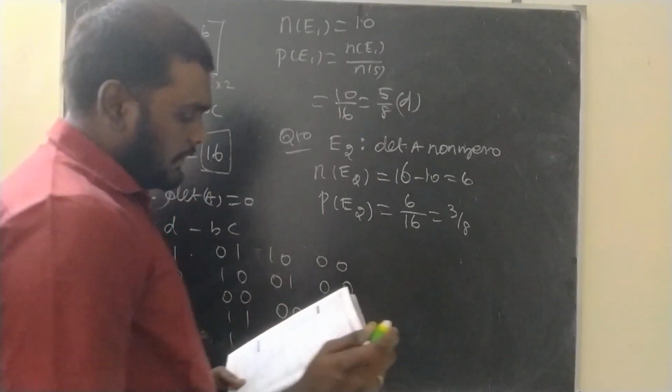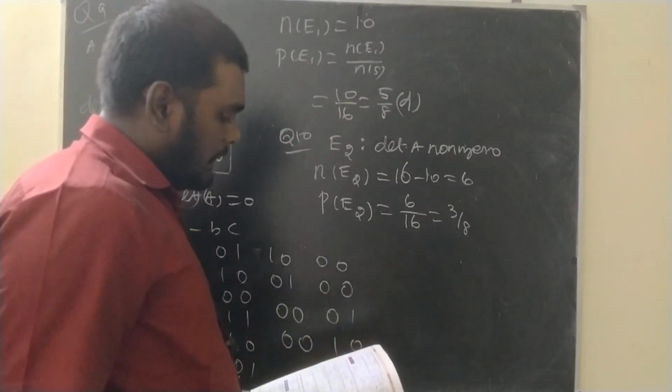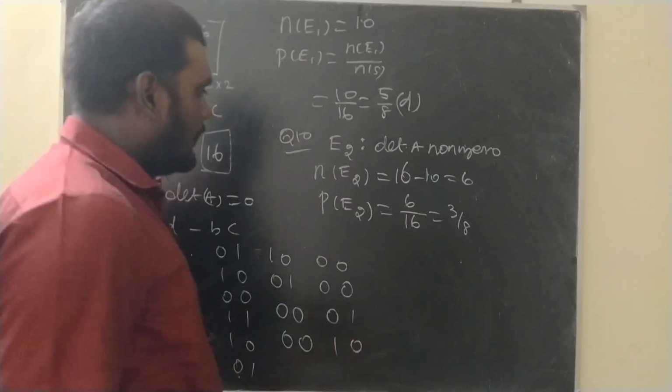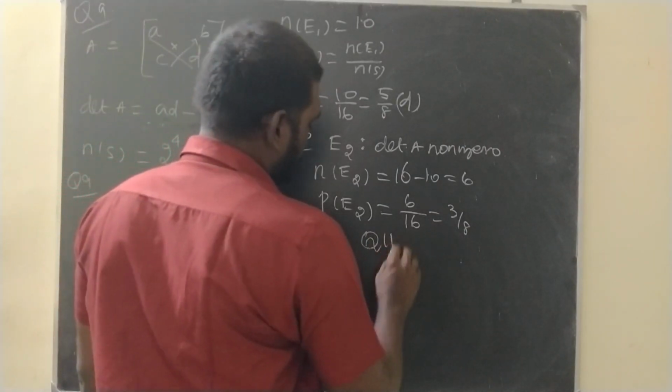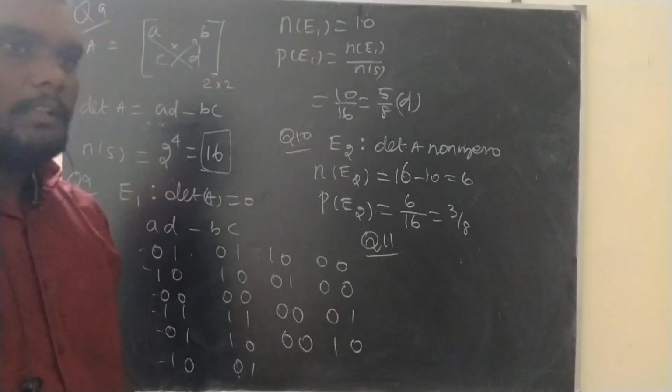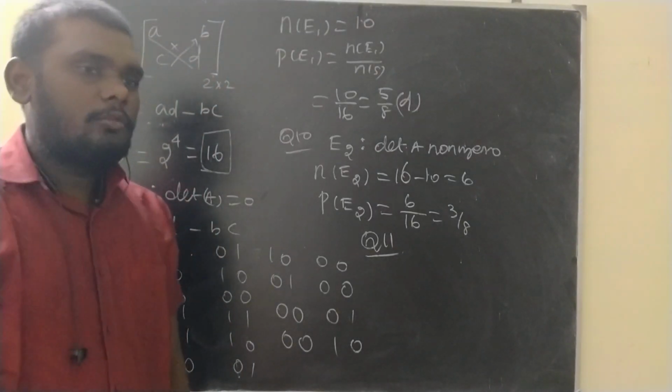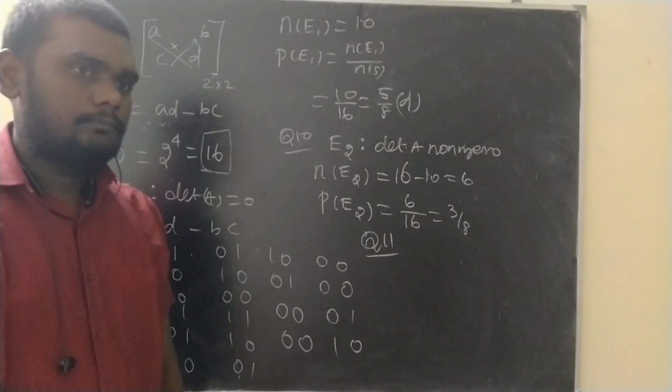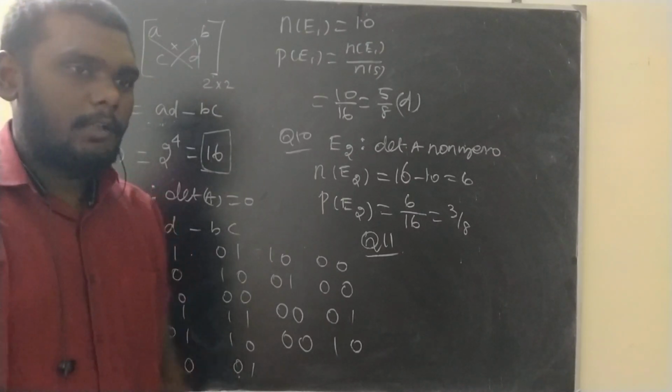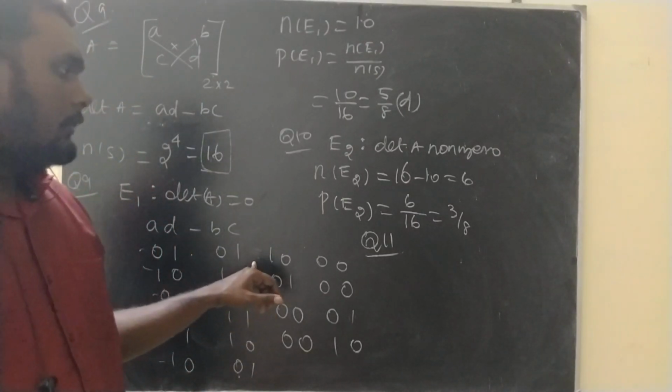So now the next, 11th question. The probability that the determinant value is non-negative. Non-negative means what? It should not be negative. Positive is different.